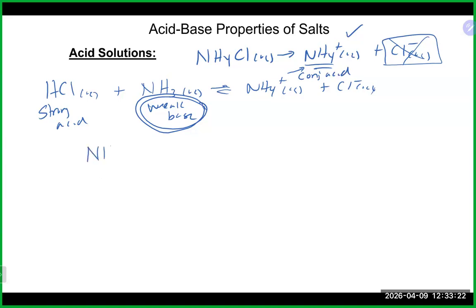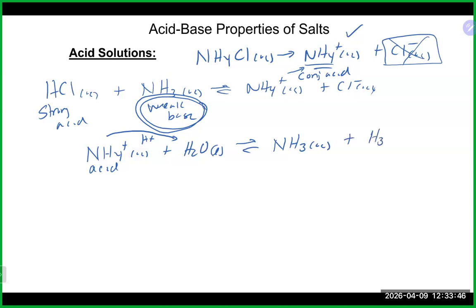So it's going to be NH4 plus reacting with water in this case. And because it's going to act as an acid, it's going to donate the H plus over. The result of that is it will always, as I mentioned before, make where it came from. So it came from NH3, it will make NH3. And when that water accepts the H plus, it will form H3O plus.